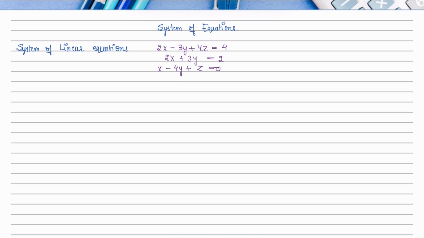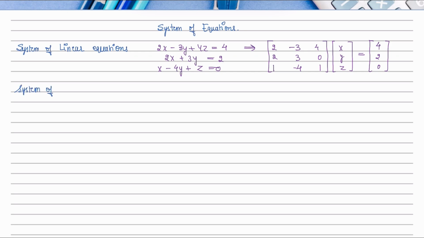And if we wish to convert this in the matrix form, it would be like 2, 2, 1, minus 3, 3, 3, minus 4, 4, 0 and 1. Since there are three variables, so x, y, z, and on the right hand side it becomes 4, 2 and 0.